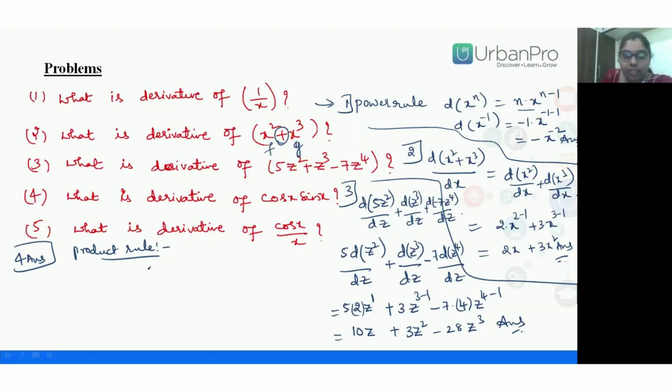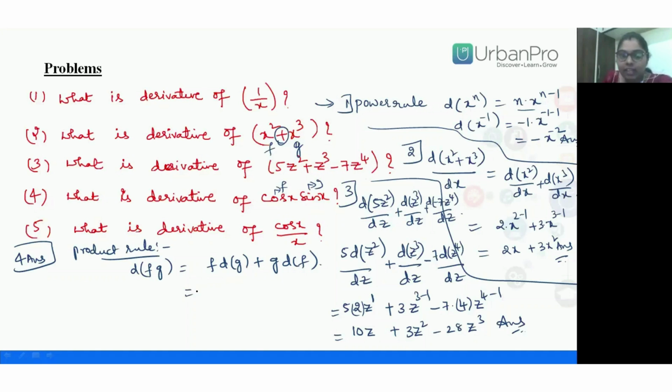So differentiation of fg is f constant and differentiate g, plus g constant and differentiate f. Here we can take cos x as f and sin x as g.